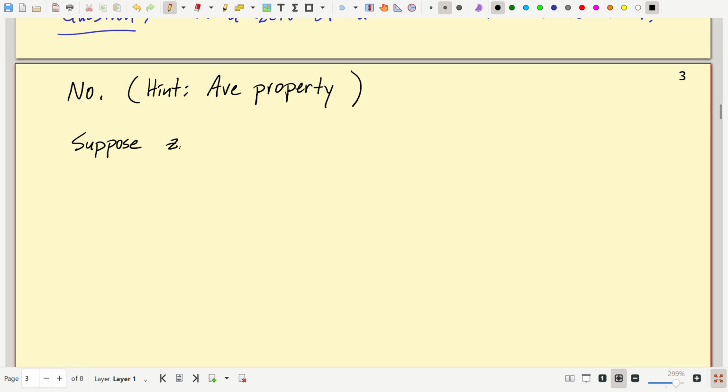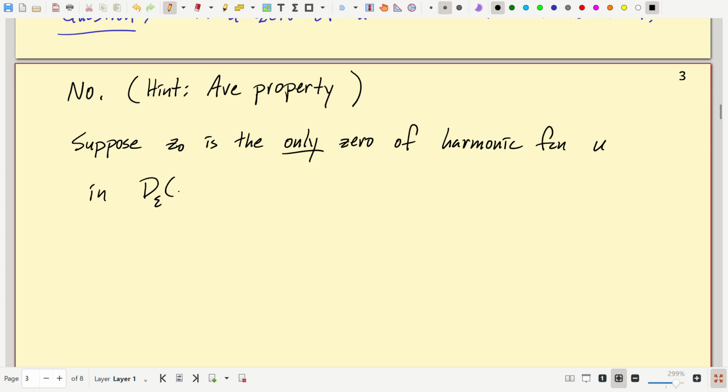Suppose z naught is the only 0 of a harmonic function u in a little disk of radius epsilon about z naught. So it's isolated. It's all by itself.